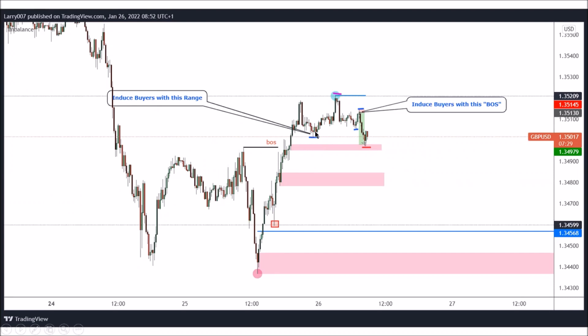We will induce buyers to buy from this range, and take their stop losses, take their liquidity here. When I see a big push and then a new range formation like this, which appears often, I know that people would place a stop loss there. So I would like to target this place.